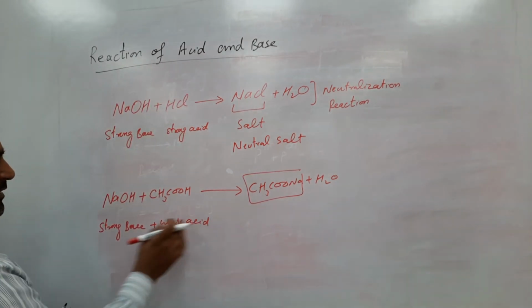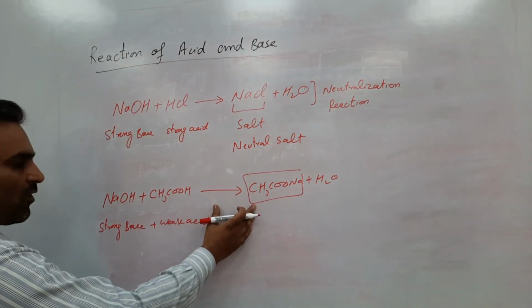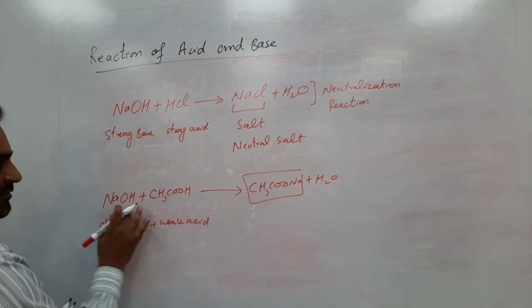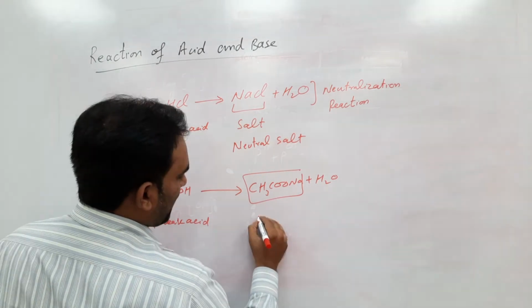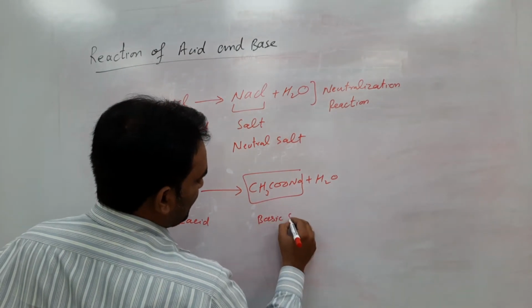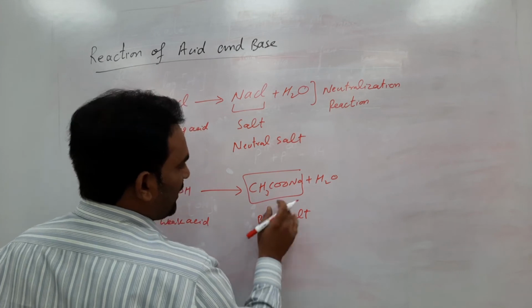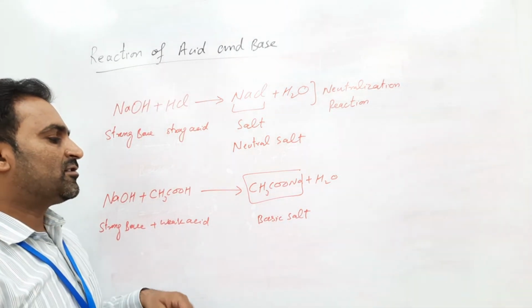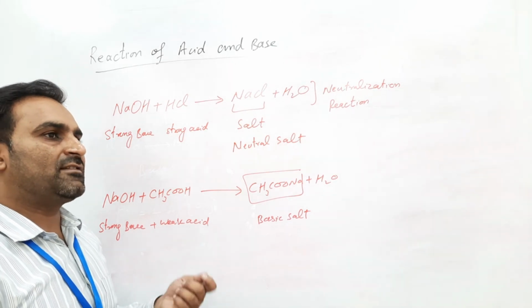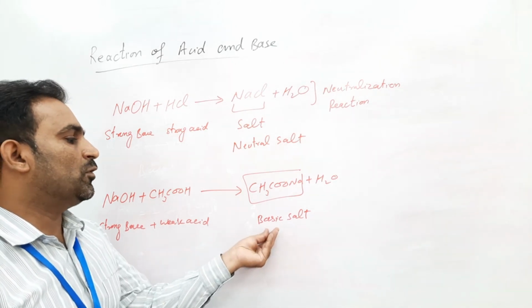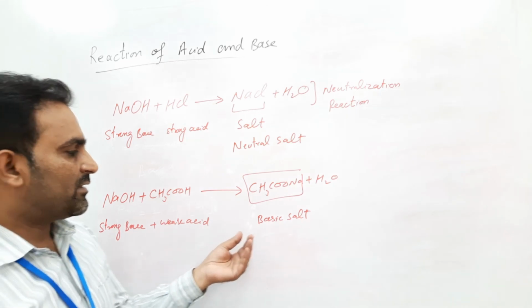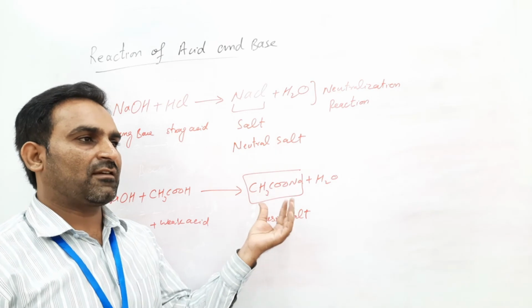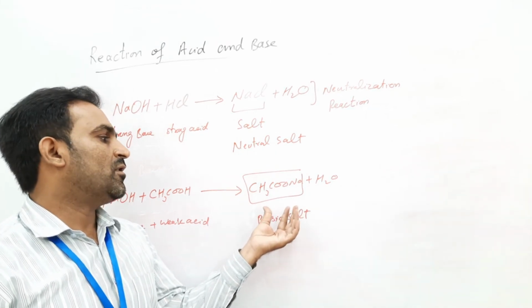Now this salt is formed from the reaction of a weak acid and a strong base, so this will be a basic salt. Basic salt means when you dissolve this salt in water, it will change the color of pH paper to blue.